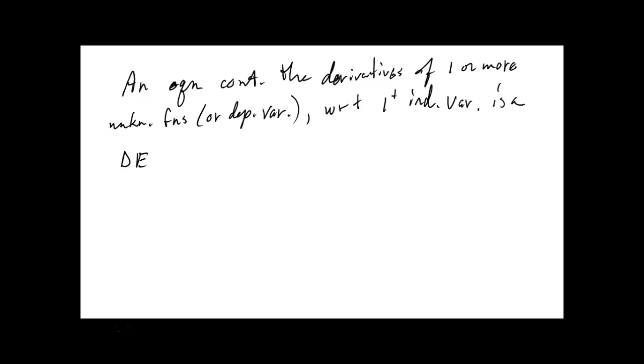Now, this could be unknown functions or dependent variables. In our last one, the dependent variable is y. It was the unknown function y. Remember, those were the same. They were interchangeable. With respect to one, now last time we only had one independent variable. Which was that? X. The x was the independent variable. Y was the dependent variable.